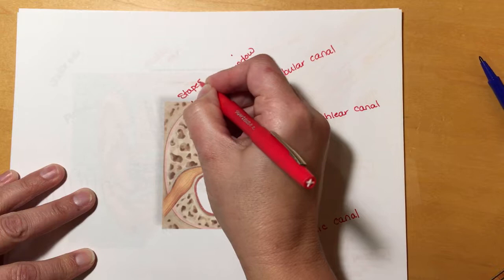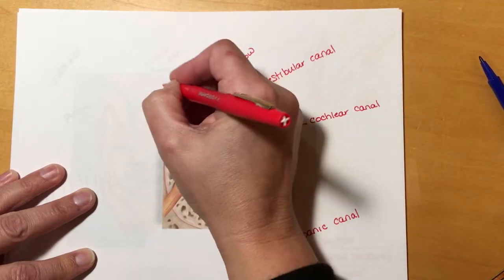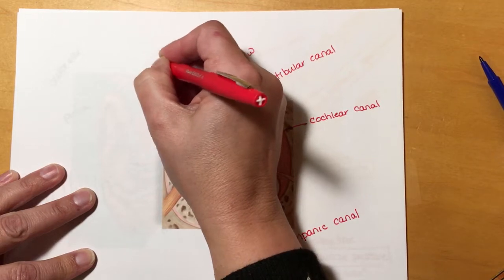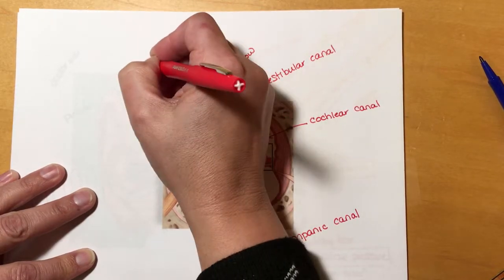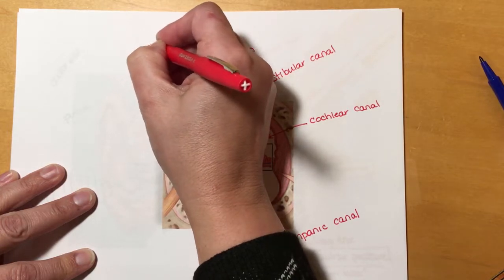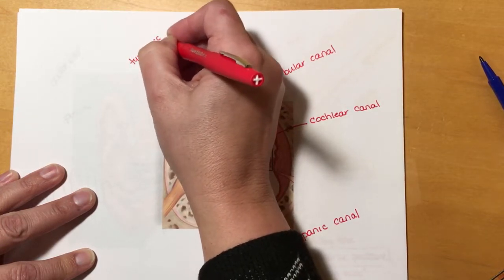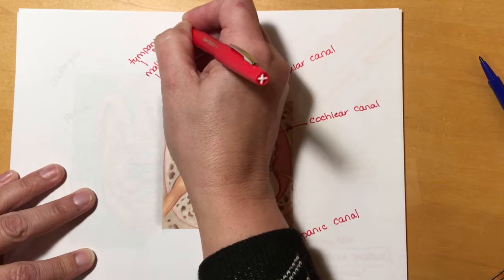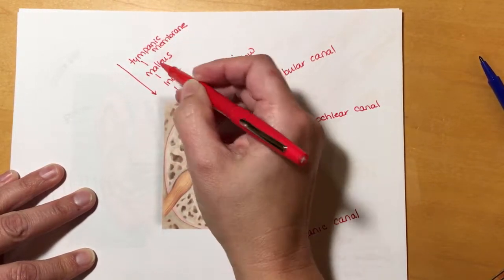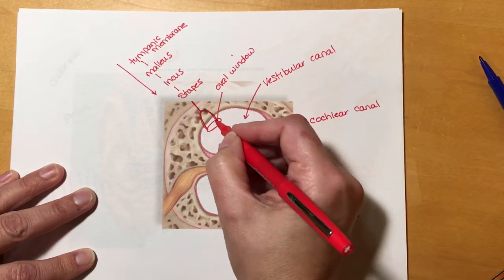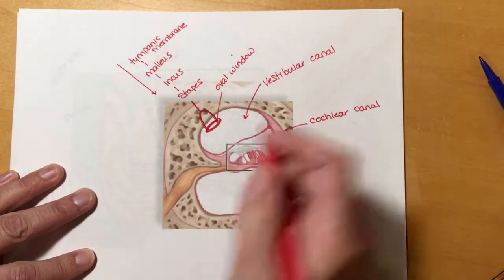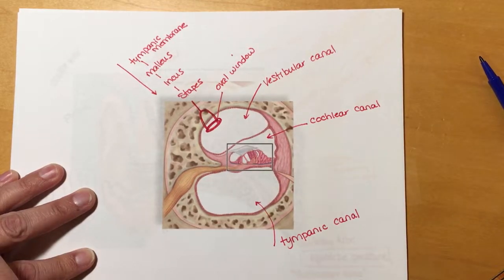And again, the stapes is connected to the incus, which is connected to the malleus, which is right up next to the tympanic membrane. So the mechanical movement is coming this direction from the tympanic membrane through these bones and causing the stapes to push on this oval window in the vestibular canal.